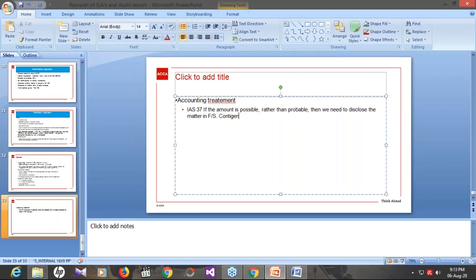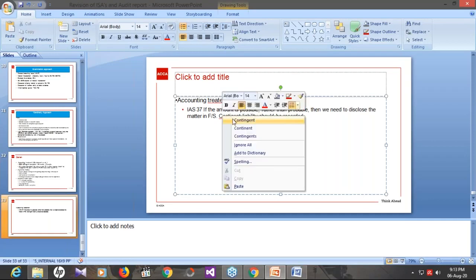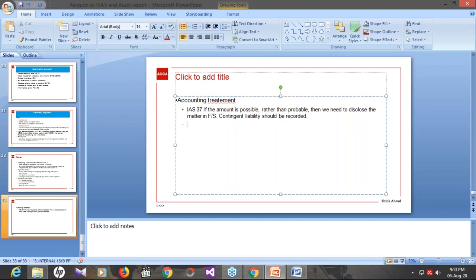A contingent liability should be disclosed. What management has done is record it as a contingent liability.